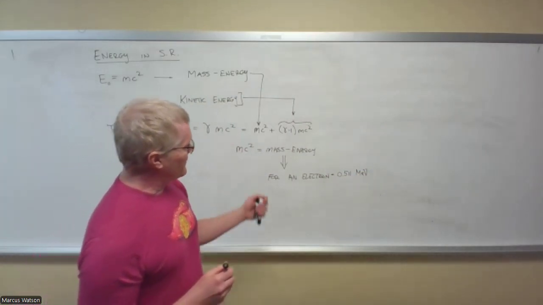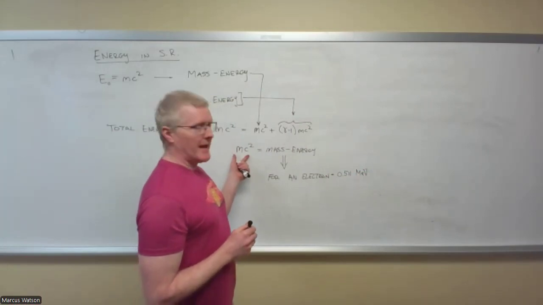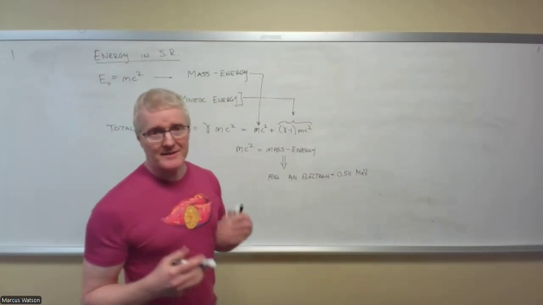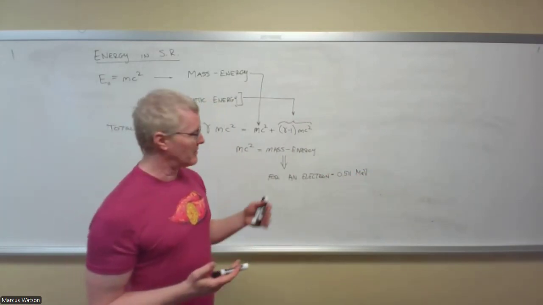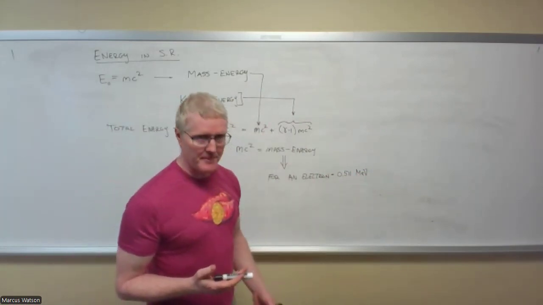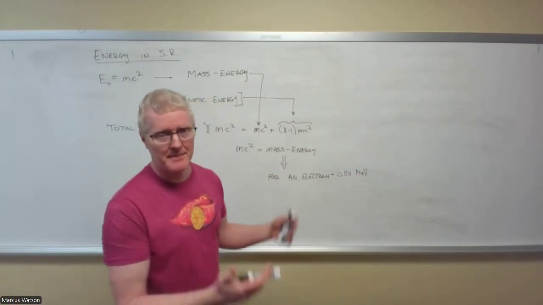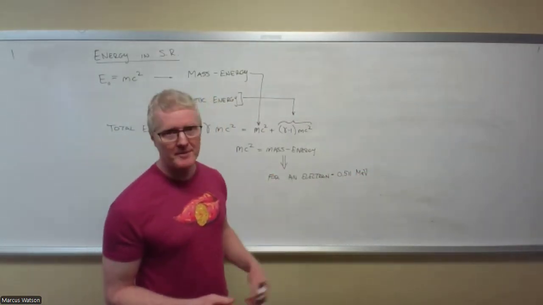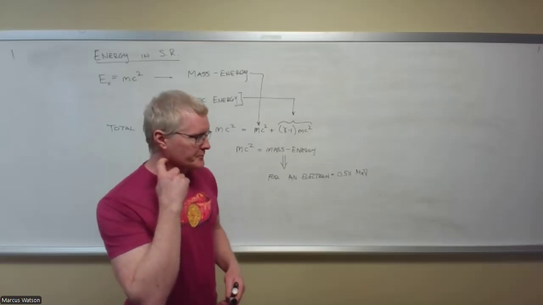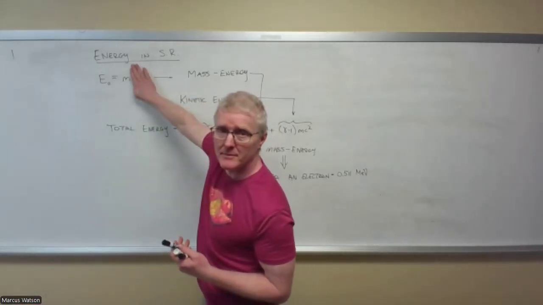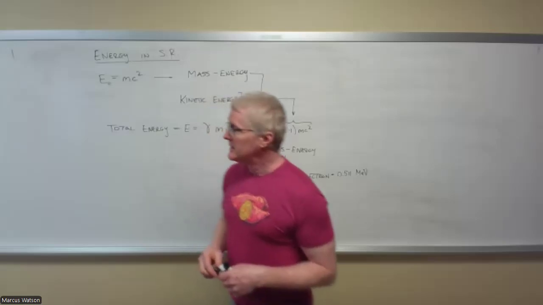So you can use 0.511 MeVs for the mass energy of the electron. And typically when you get into these particle type things, you don't even say energy anymore. You just say the mass of the electron is 0.511 MeVs. Because they are basically the same thing, right? For us, energy is the mass.